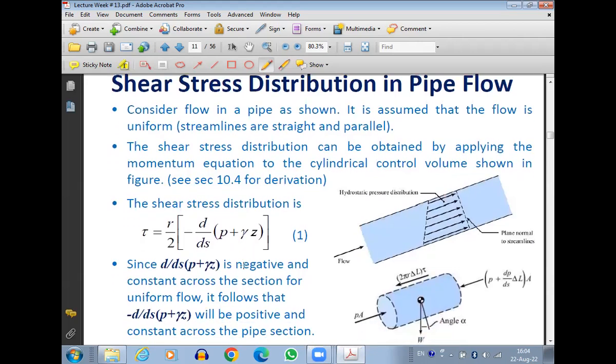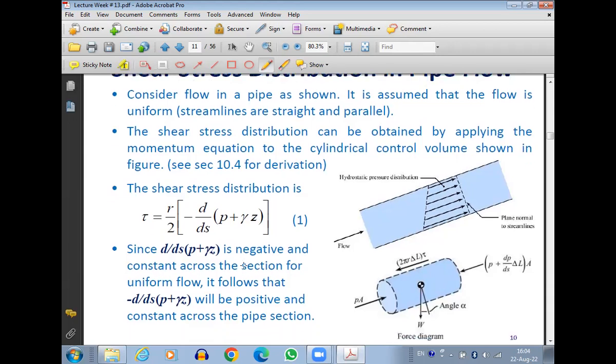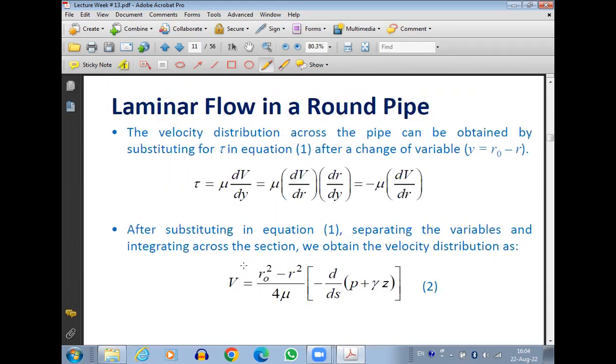Okay, so now our objective is to study the shear stress distribution in pipe flow. So if we study the shear stress distribution in pipe flow, and we apply the velocity gradient over the equation of the shear stress, which is tau equals mu dv by dy, we are going to end up with this formula where velocity will be equal to this thing.